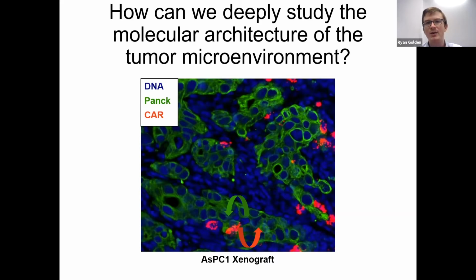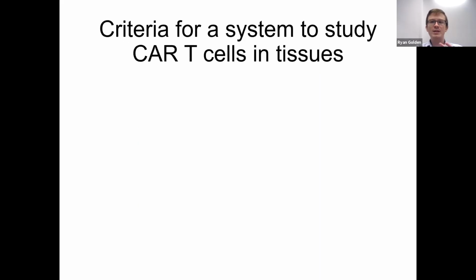There's a lot of open ground here, and what we would like is some sort of instrument that could help us address many of these pressing questions. If you were to sit back and think about the criteria for an instrument that could help you ask what molecules might be driving or inhibiting T cell response, you could come up with a checklist.